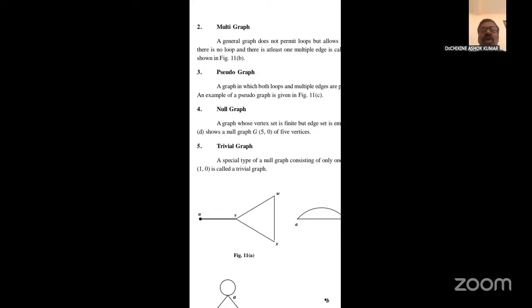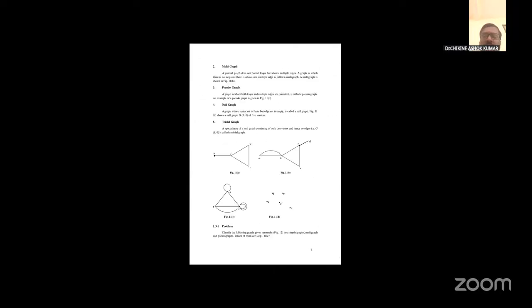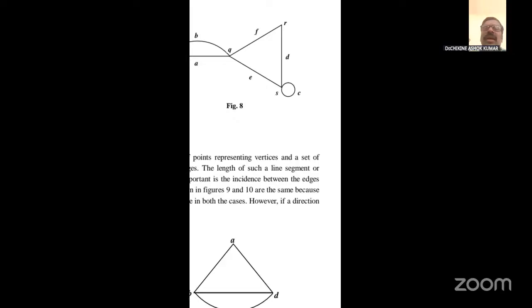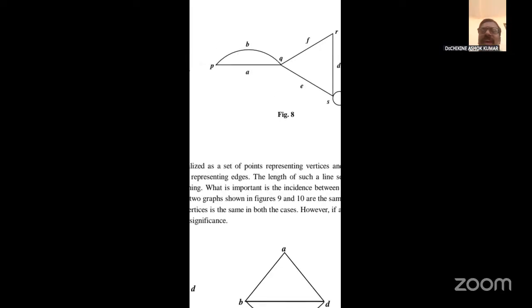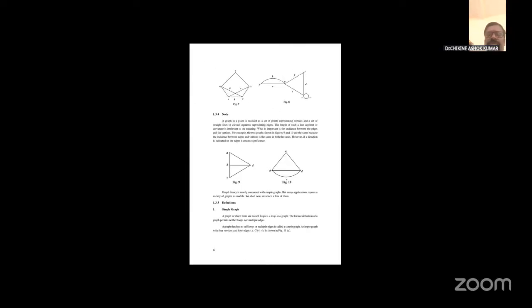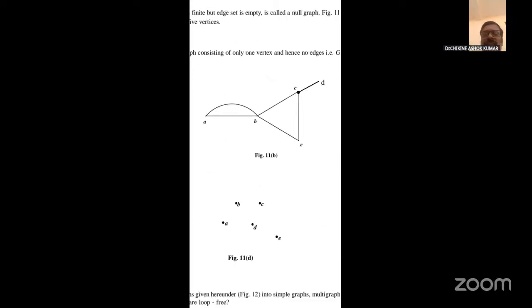If a graph consists of both self loops as well as multiple edges, then that kind of graph comes under the pseudograph. See here, 11b is not a pseudograph because it has multiple edges, but there is no self loop.